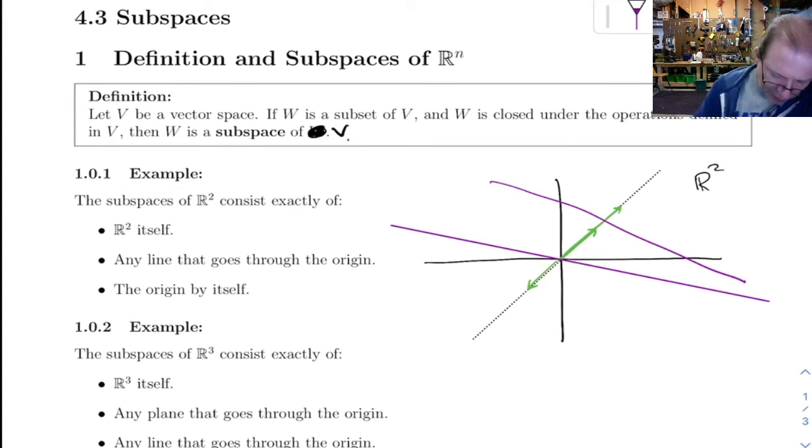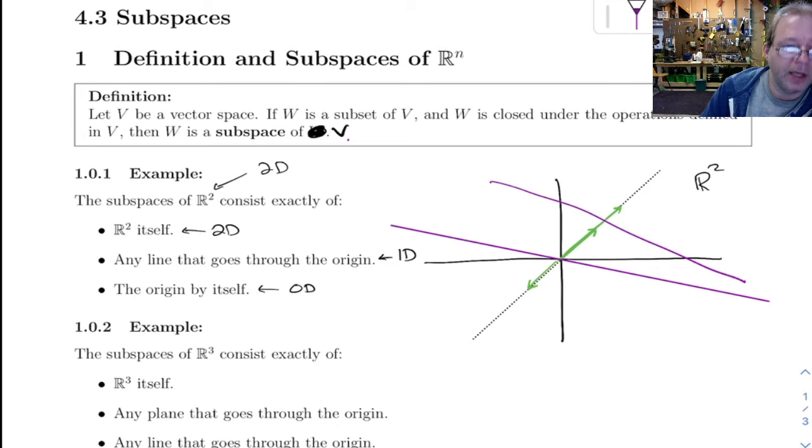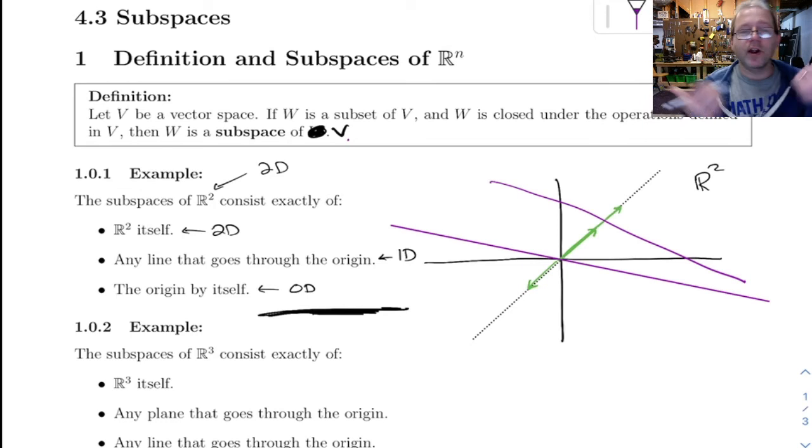Kind of an interesting thing here is R2 is two-dimensional. So this is 2D. The lines that go through there are one-dimensional. The origin is considered zero-dimensional. And the reason is, in R1 you have left and right.